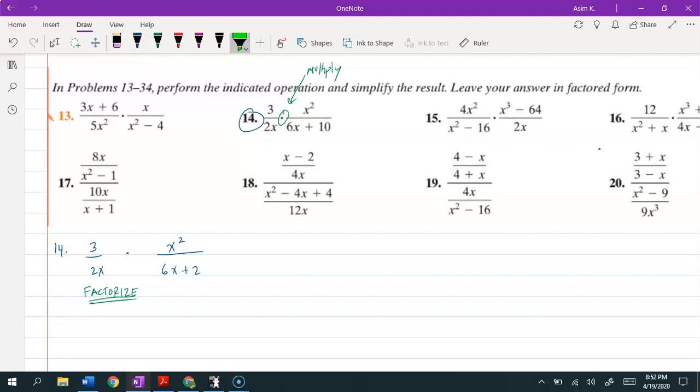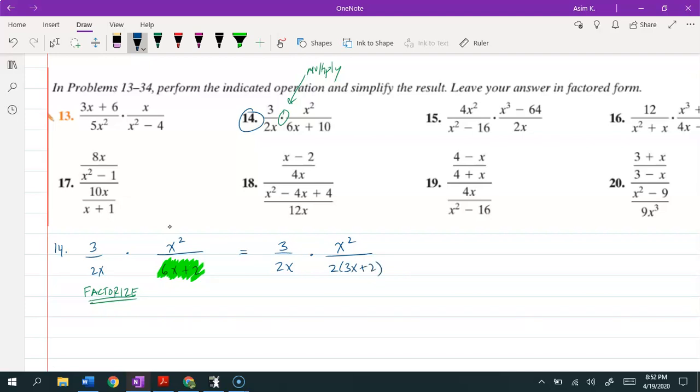So if you notice, in the 3, you can't factorize anything. That's just by itself. The 2x, nothing. The x squared, nothing. But if you look very carefully at 6x plus 10, you can actually factorize out the 2. So this will become a little bit simpler. It'll become x squared, and then when you factorize out the 2, this becomes 3x plus 5, like this.